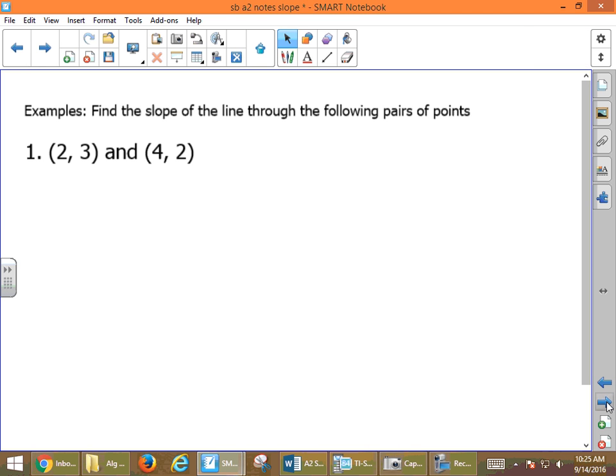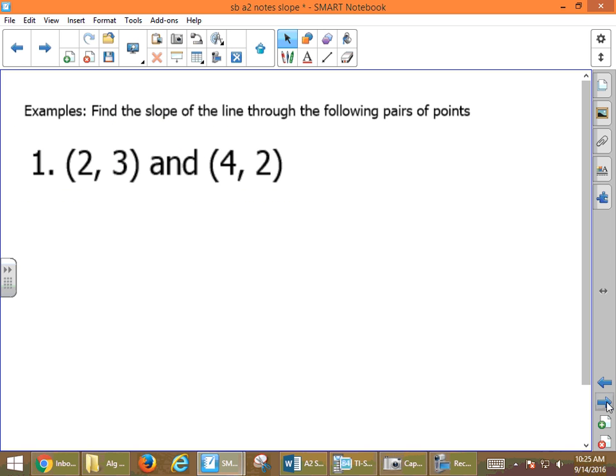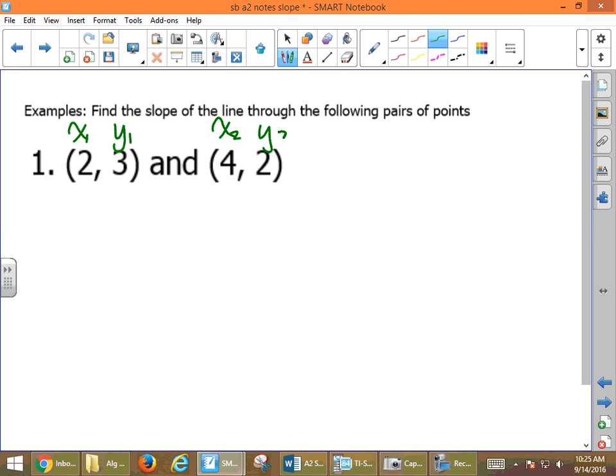But when we calculate our slope on these next problems, I recommend that you label the points. So here's x1 and here's y1. Here's x2 and there's y2. And your formula's right there on the paper.